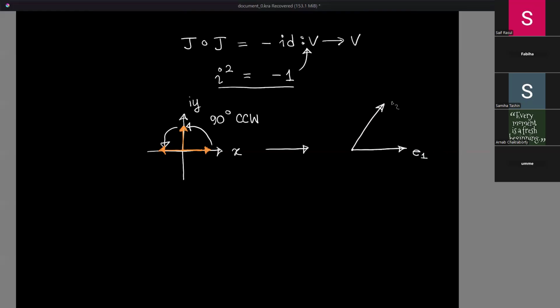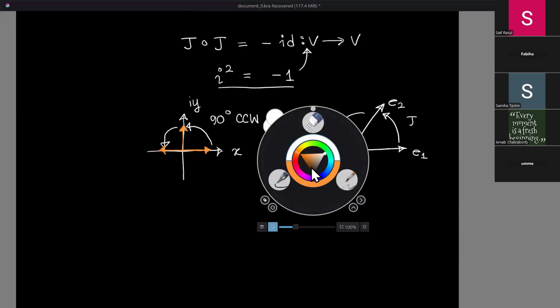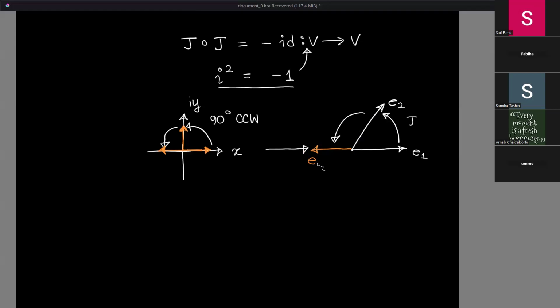We might have two basis vectors in this space, and J in this situation will take us from one basis vector to the other. And then a repeated application of J will take us to the negative of the basis vector, minus e1. So you can see how we're trying to make this generalization from i to J.